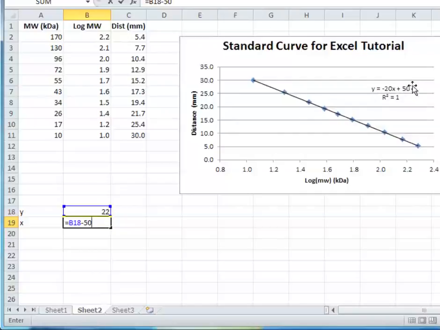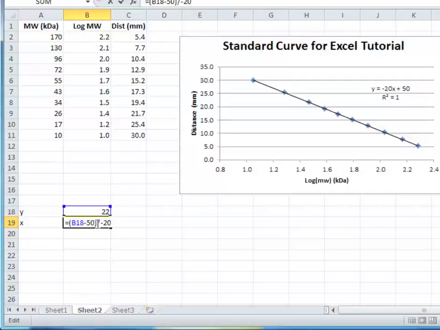We subtract 50 from both sides, so we have y minus 50, and then we divide by minus 20. We need to put parentheses around this entire thing, so we put a parenthesis here, here, and divide by minus 20 for this example.